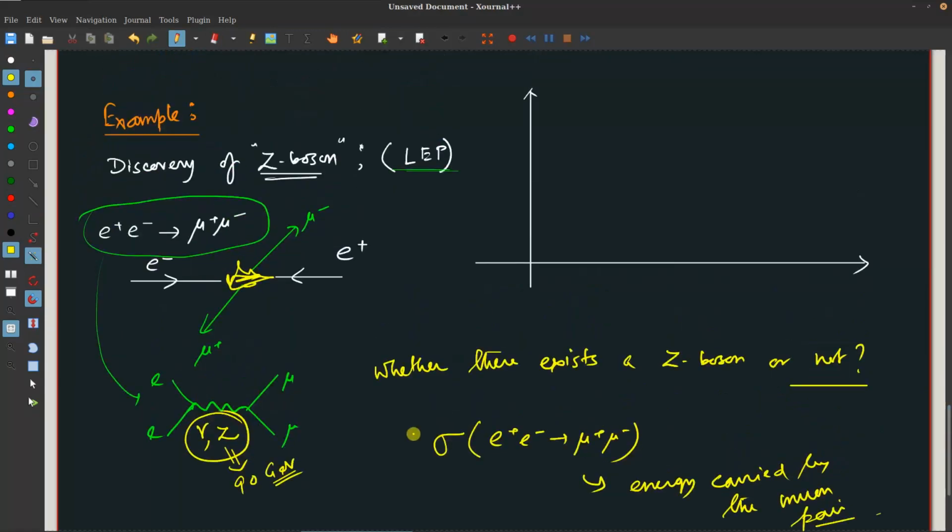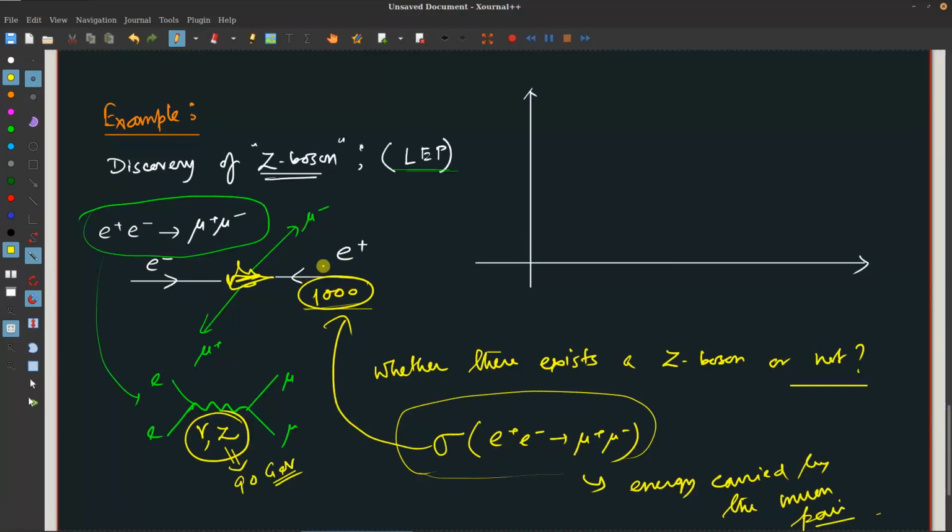So this cross section essentially tells you that if you are shooting n number of e plus e minus pairs, suppose you are shooting 1000 e plus e minus pairs, then you multiply this 1000, roughly speaking, with this sigma. This thousand is called the luminosity of this e plus e minus collider.